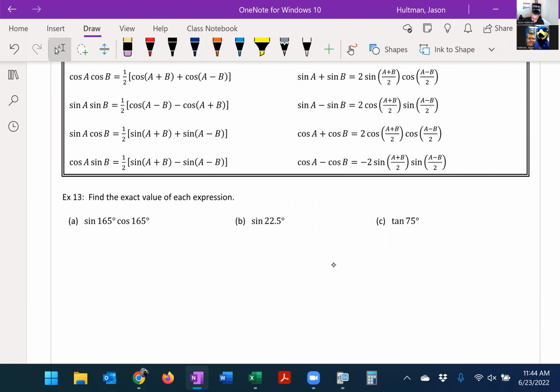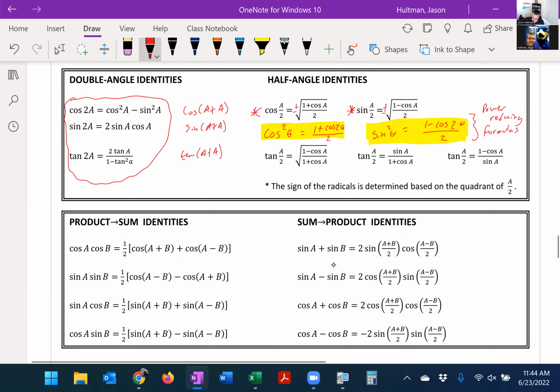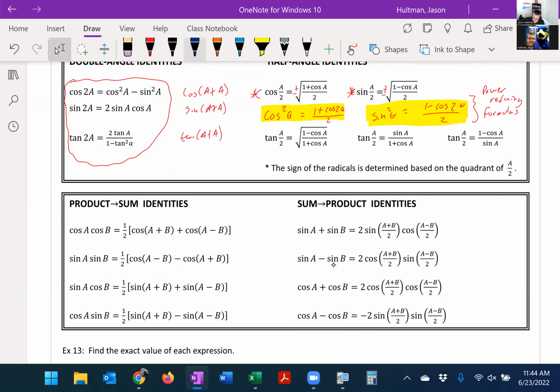We have the sine of 165 and the cosine of 165. Now, this is basically sine A cosine A. So what formula has sine A cosine A in it? Well, it's this one here.